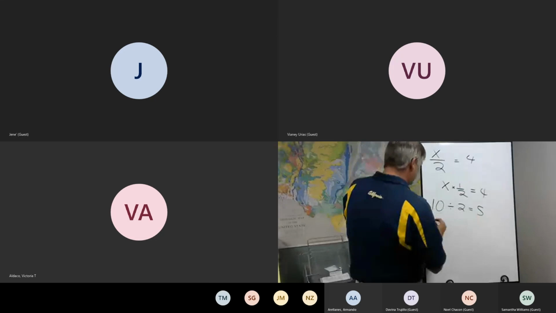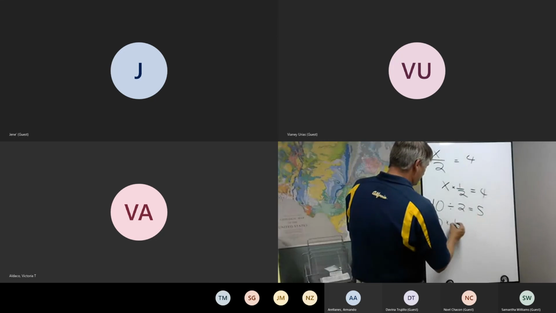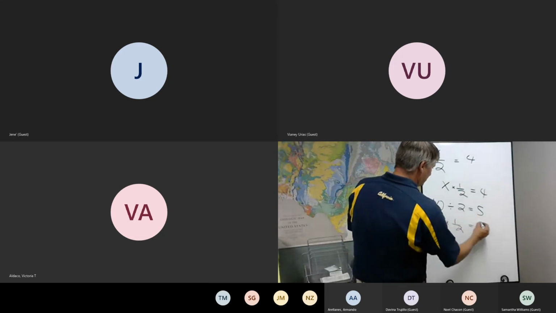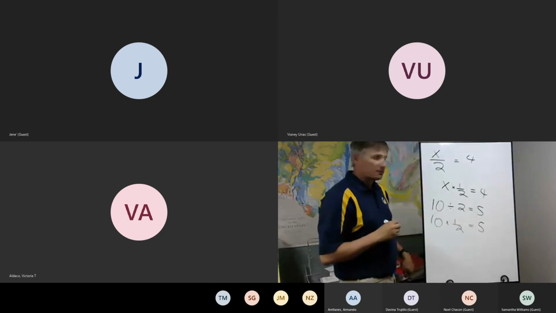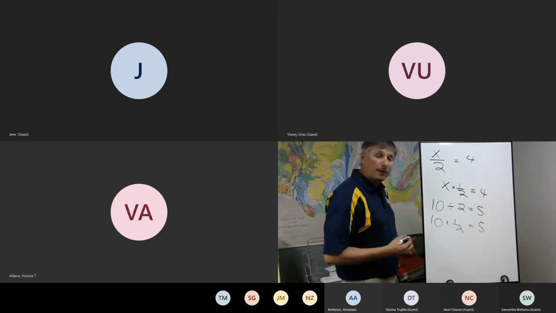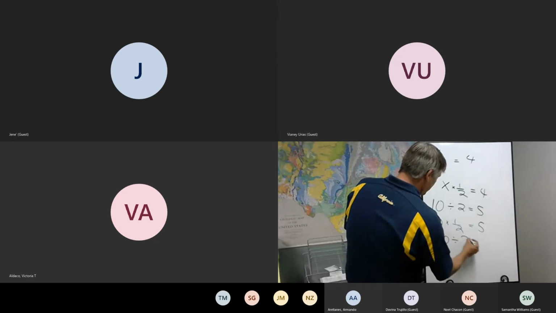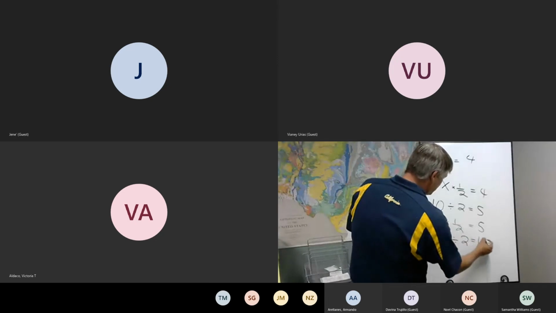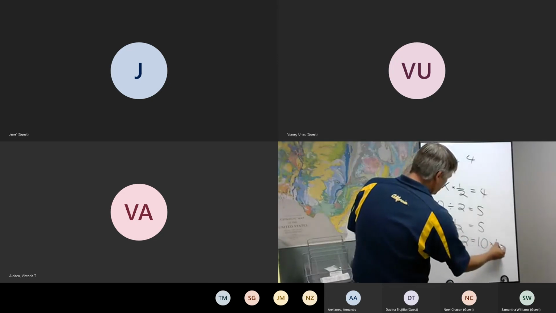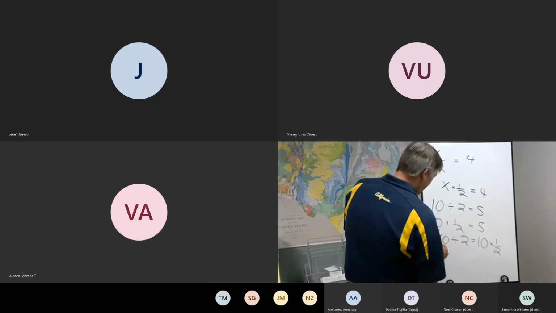And then 10 times 1/2 is also 5. So what this says is 10 divided by 2 is 10 times 1/2.